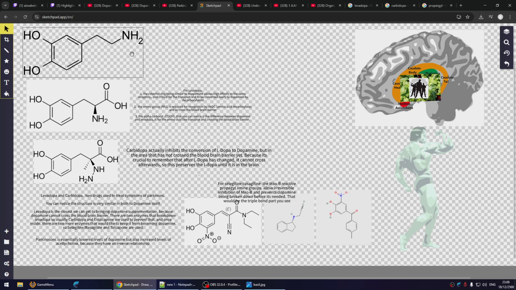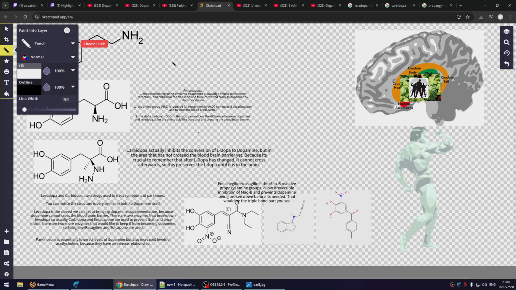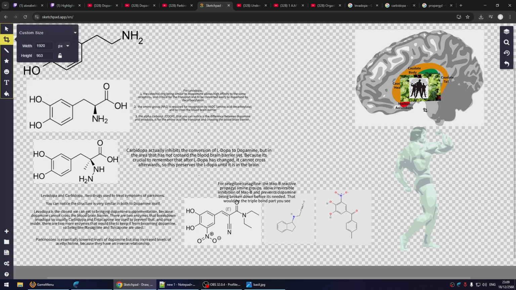There is a lack of dopamine in the basal ganglia, right? So our main solution is to get levodopa into the body, which can travel up to the brain and be used there. But the first problem is that there are enzymes in the body that would break it down before it's used at all in the brain.